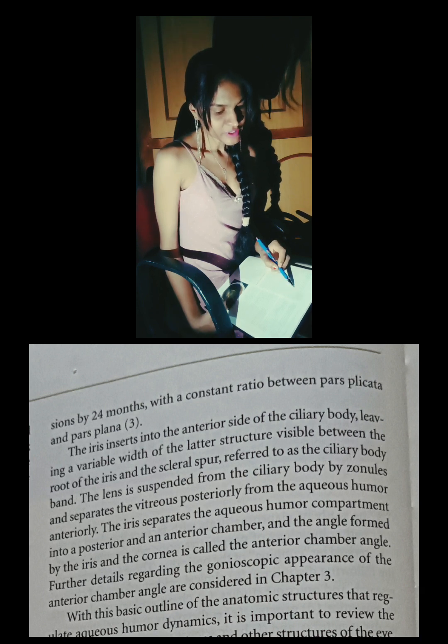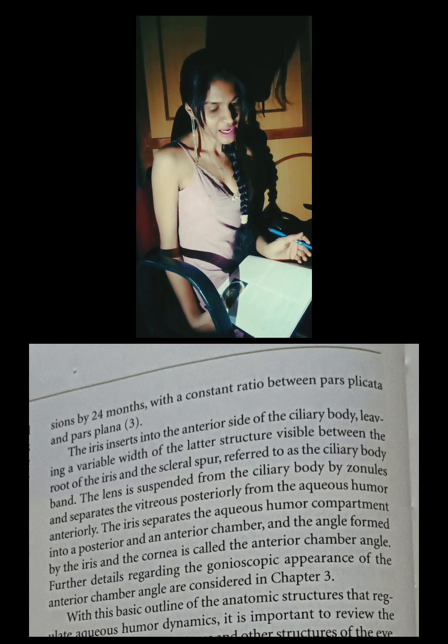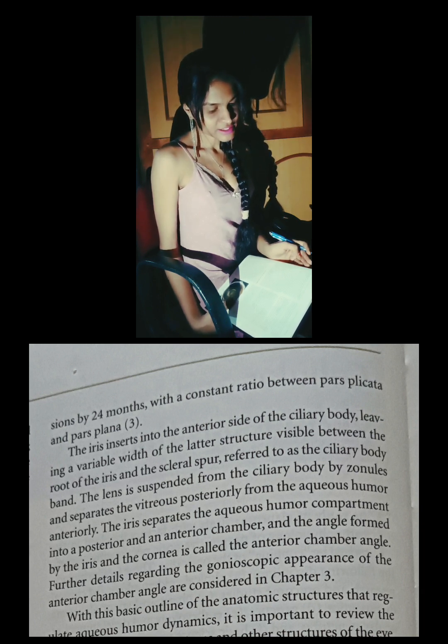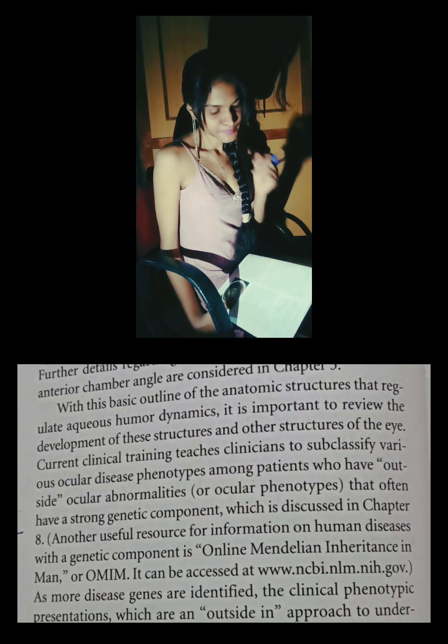The iris separates the aqueous humor compartment into a posterior and an anterior chamber, and the angle formed by the iris and the cornea is called the anterior chamber angle. Further details regarding the gonioscopic appearance of the anterior chamber angle are considered in Chapter 3.